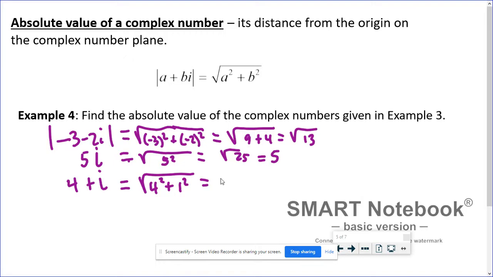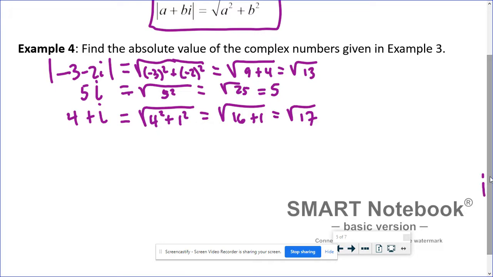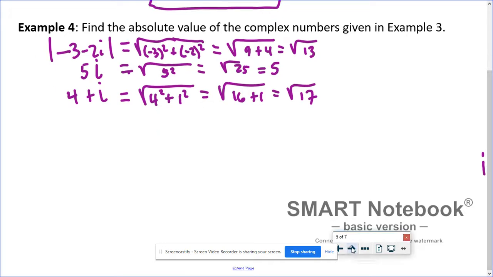So you end up with square root of 16 plus 1, which is square root of 17. It's just a formula. Since you're doing this virtually, you would have access to that formula. Just look it up or write it where you can have it when you're doing the practice.